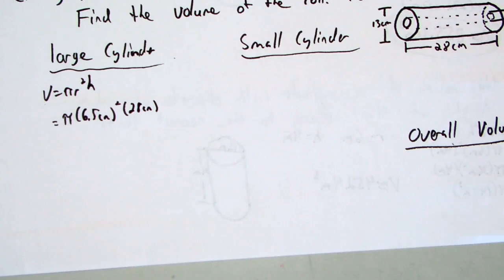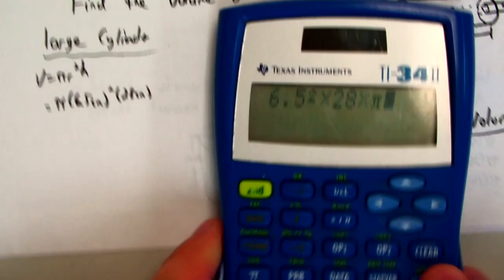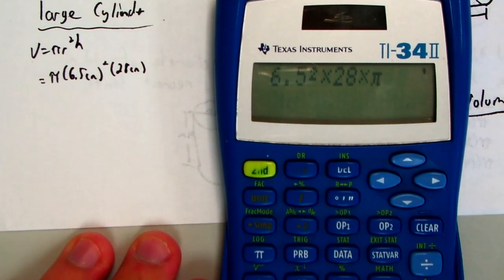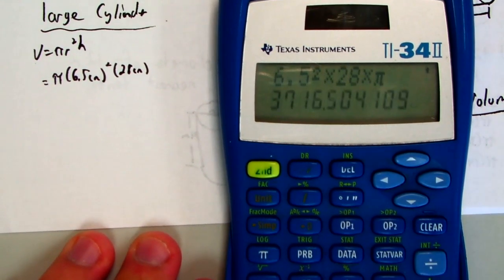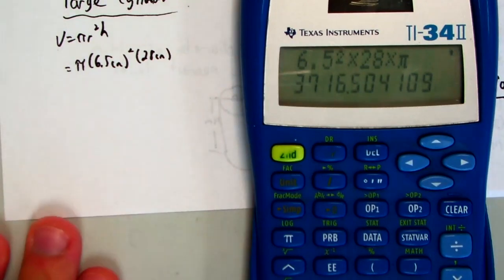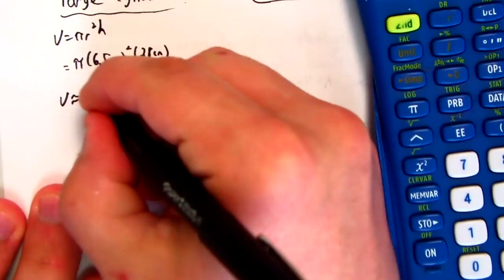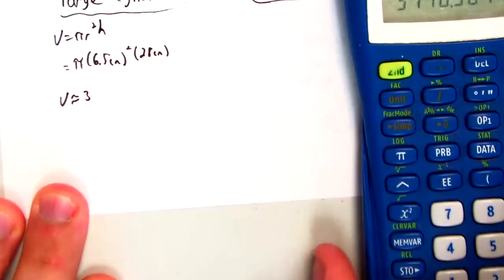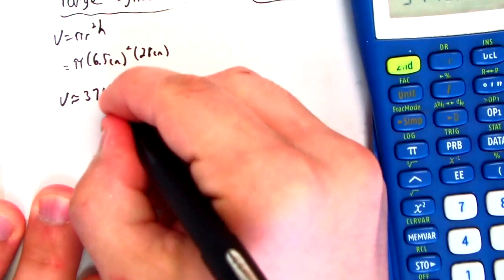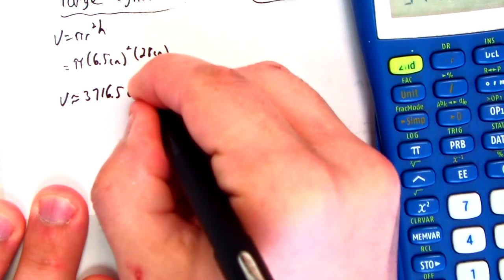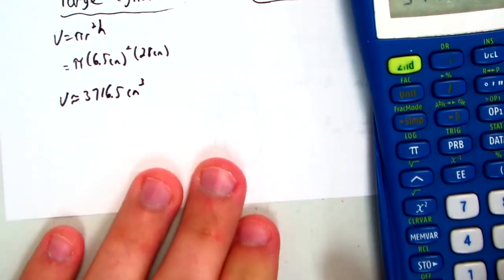If I simply go ahead and do all of this in one shot, 6.5 squared times 28 times pi, this would be 3,716.5 cubic centimeters. The small cylinder, same formula.